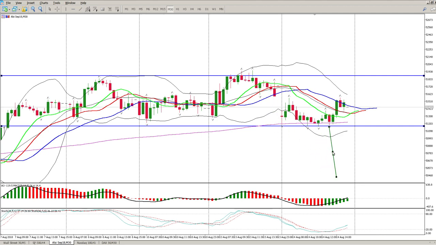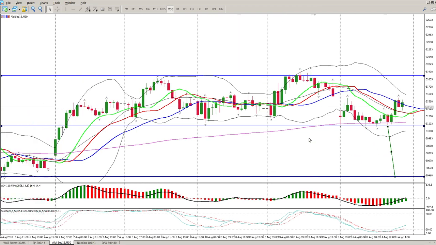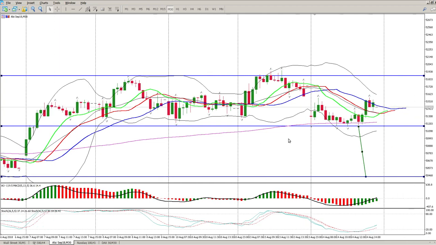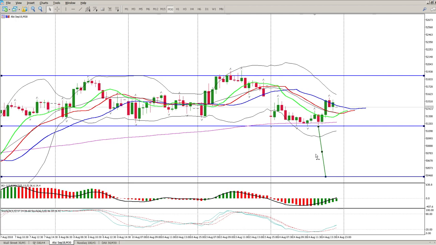An hourly close or a 30-minute close below this level should target the previous lows down here, and that area is 50,450. So that's what we're looking for to the downside.